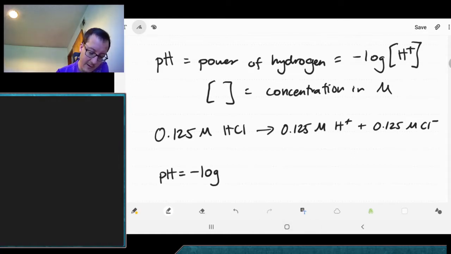Well, it will just be negative log of 0.125.